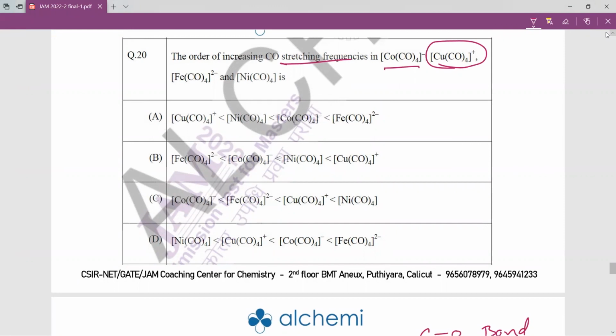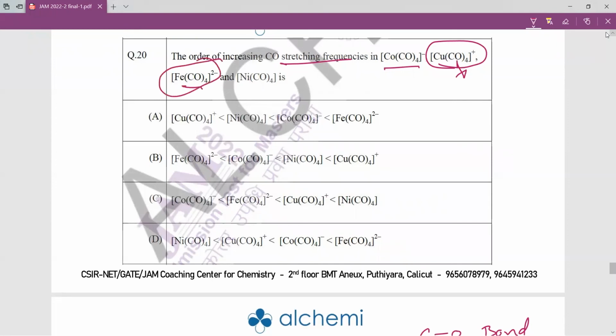If the metal has a positive charge, the back donation will be less, so it will have high bond strength. If back donation increases, bond strength decreases. That is the idea. As negative charge increases, back donation increases.